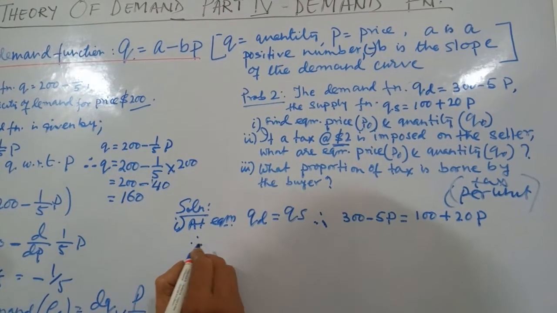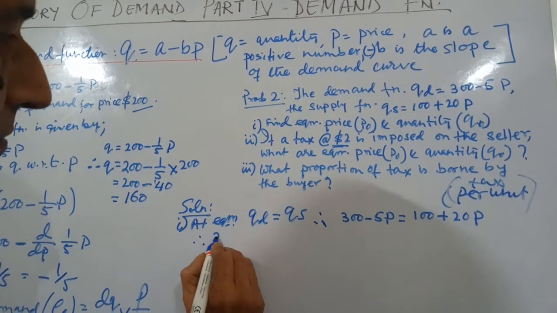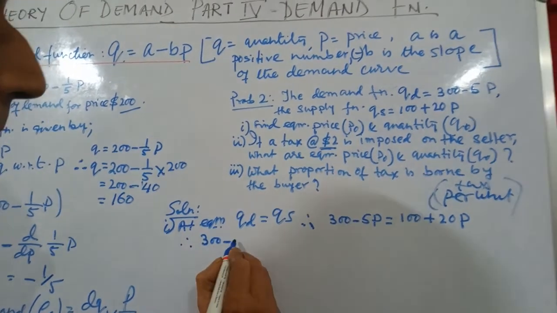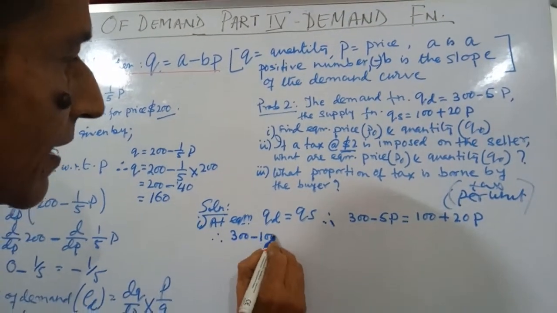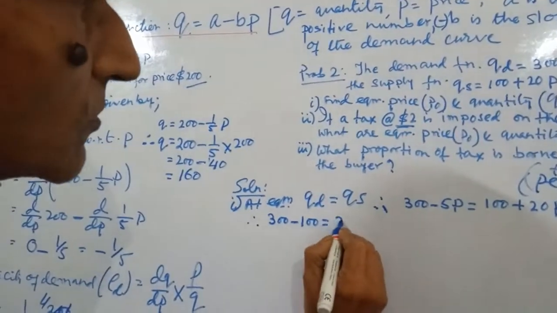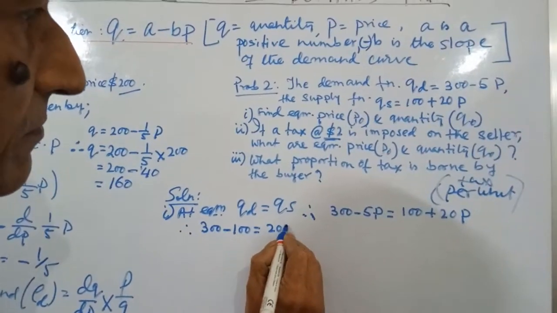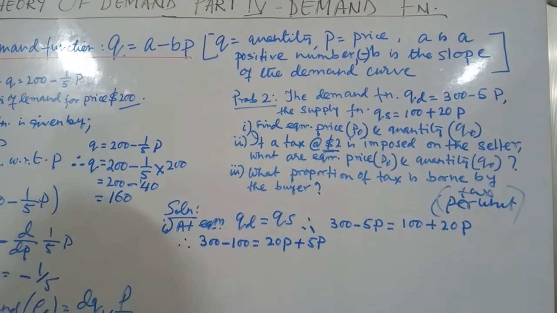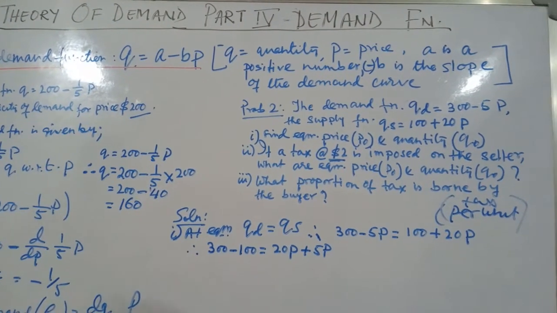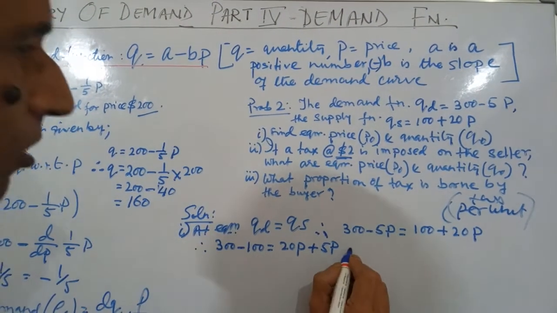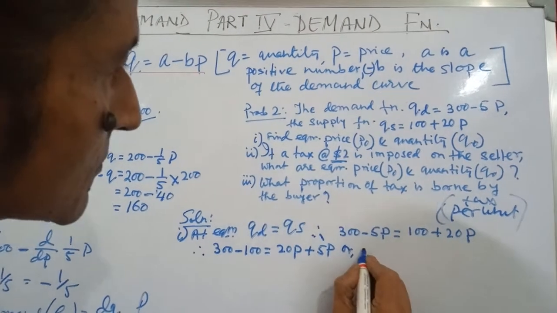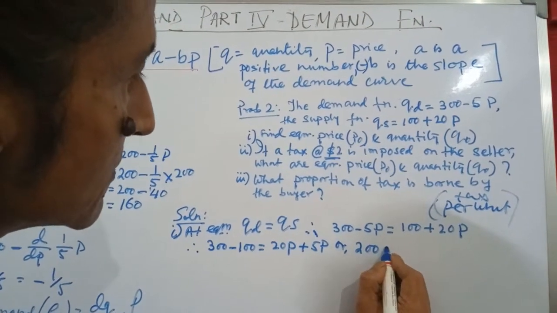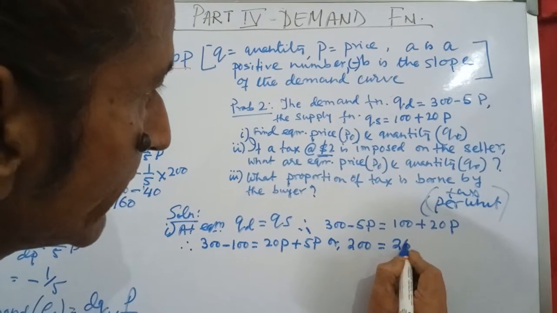Therefore 300 minus 100 is equal to 20P plus 5P, or 200 equals 25P.